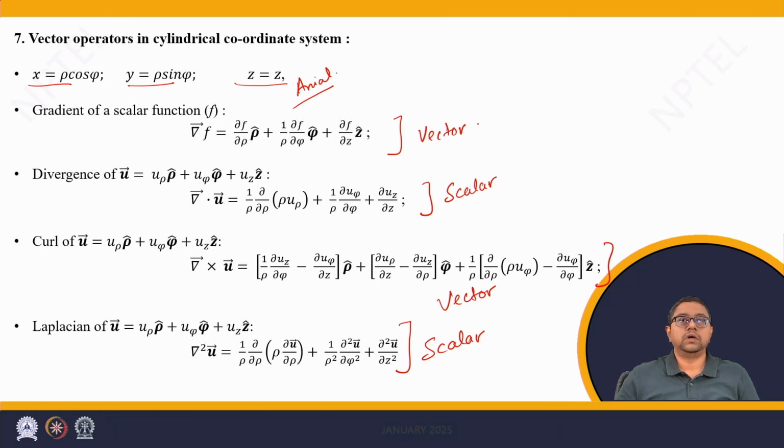So, note that the cylindrical coordinate system is similar to Cartesian coordinate system along the axial direction and similar to the spherical coordinate systems in other coordinates such as the angular and the radial directions.